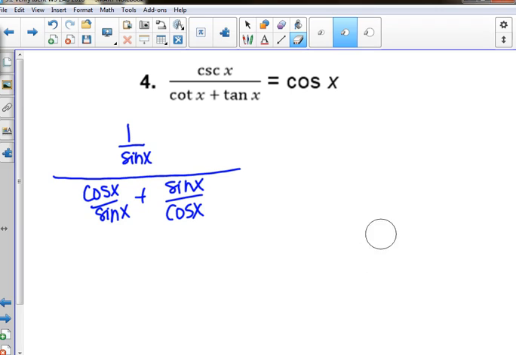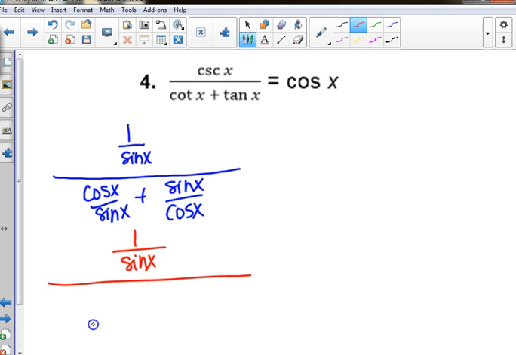So, you want to just work with the bottom for a second? Okay. So leave this 1 over sine x alone on the top. What do you want to do on the bottom? Get a common denominator? Okay. So this is where I like using some color because then I can skip rewriting it 3 times.